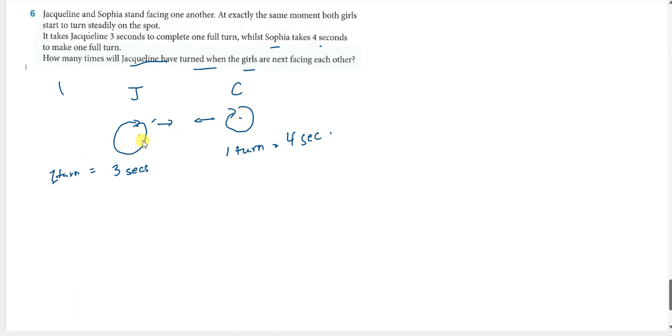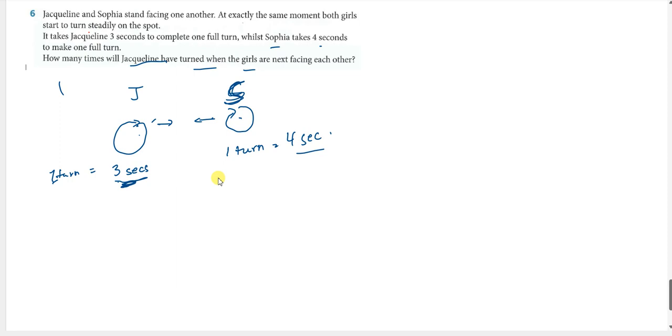Why are they asking this? J takes only 3 seconds to complete a turn and S, or Sophia, takes 4 seconds. So definitely they are not facing each other every time they take a turn, because one takes less time and one takes more time.